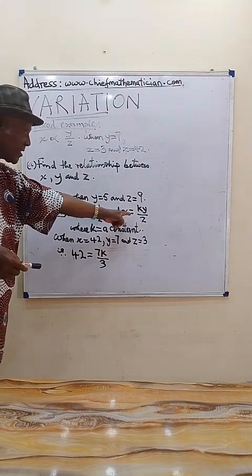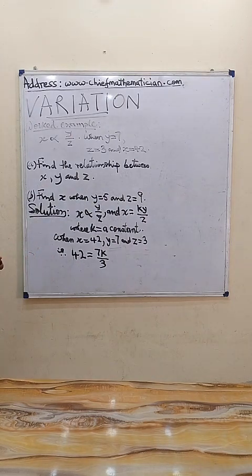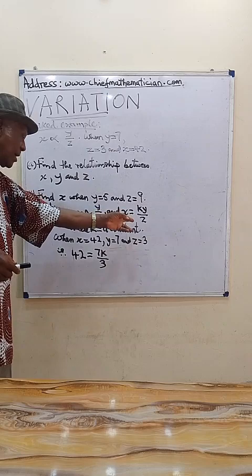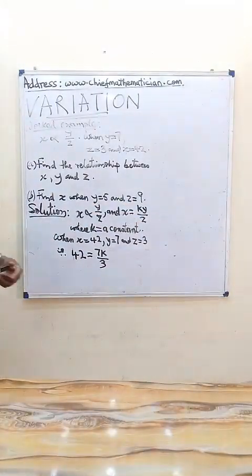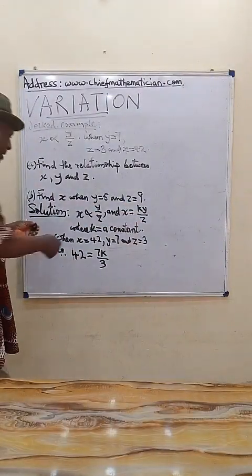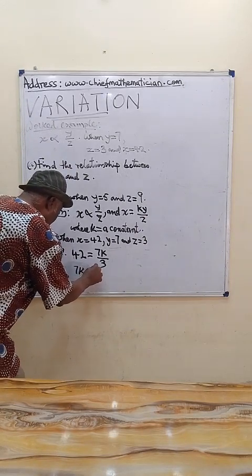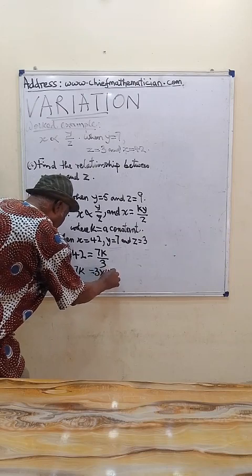By substituting in this equation, 42 for x, 7 for y, and 3 for z. From here now, 7k is equal to 3 times 42.